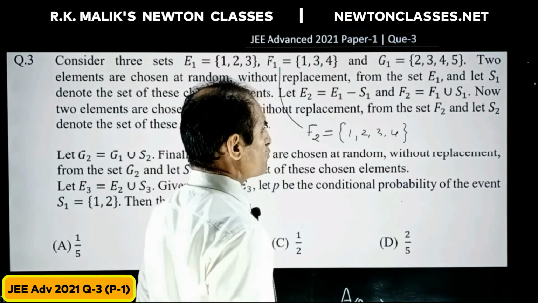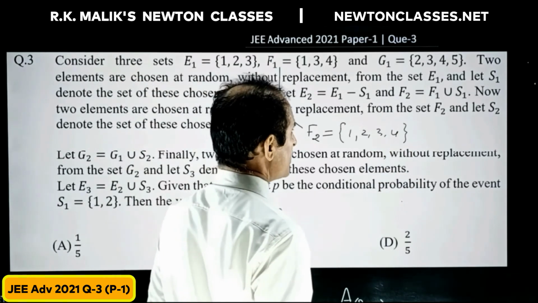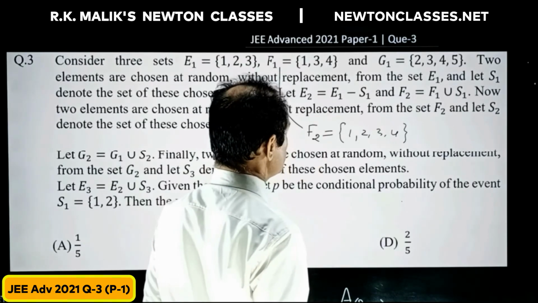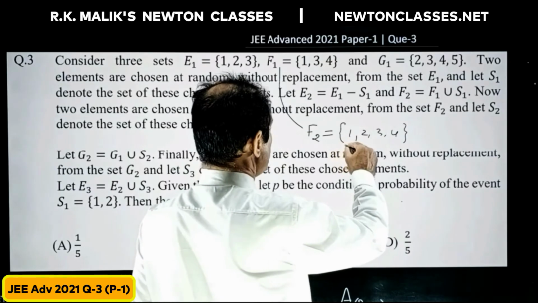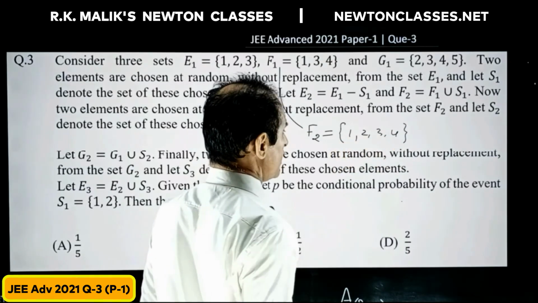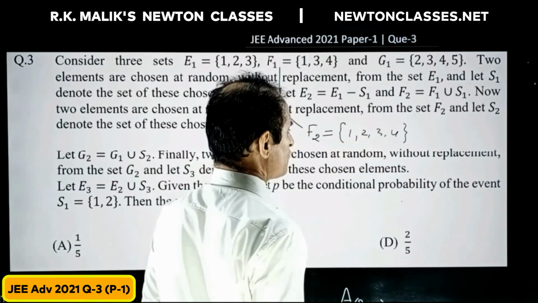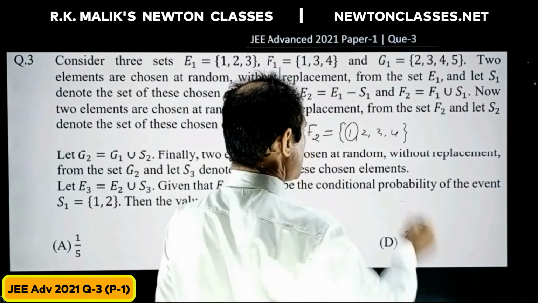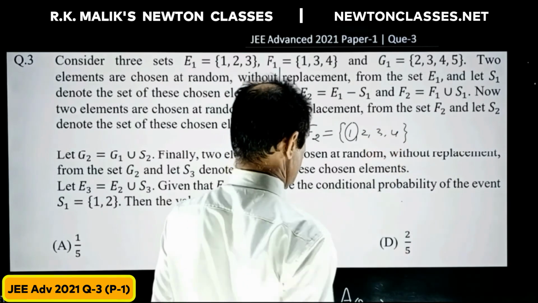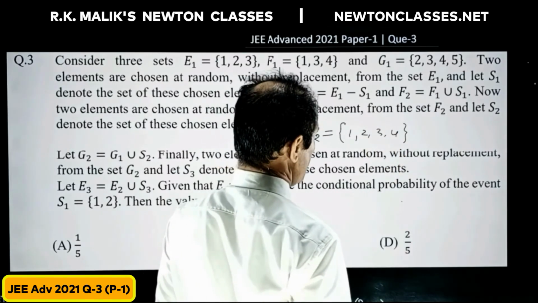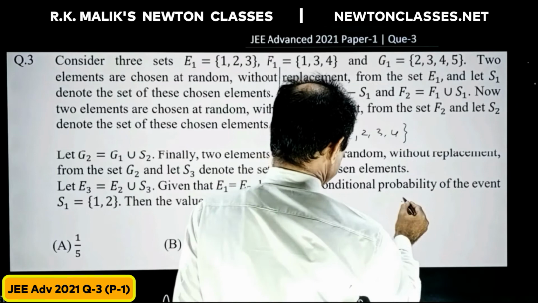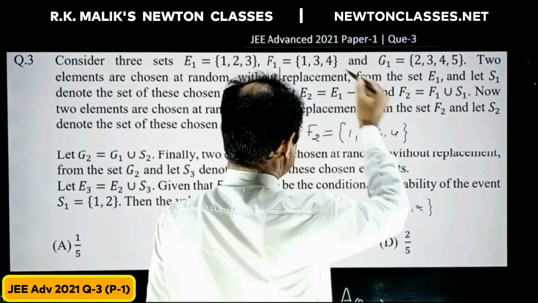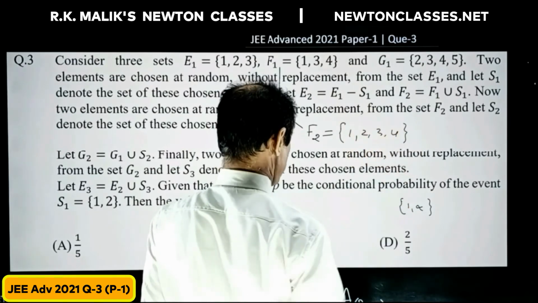As we are going to find the probability that from G2 1, 2 will come out, for this to happen from F2 the two chosen elements must have one as one of the elements, and the other element can be any one out of these three. That is, the chosen elements should be in the form of 1, alpha, where alpha can have the value 2, 3 or 4.